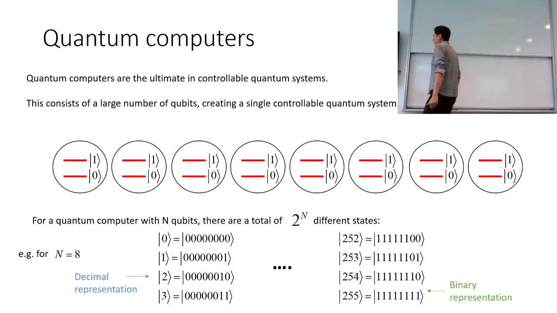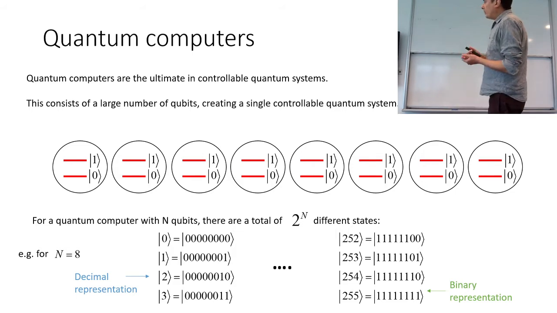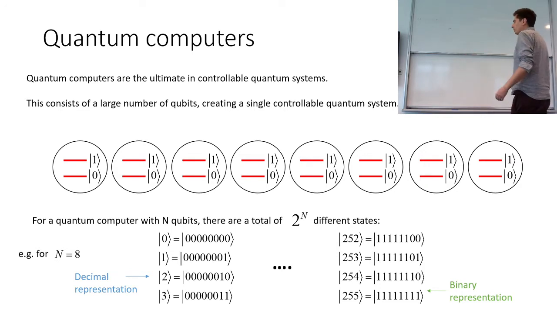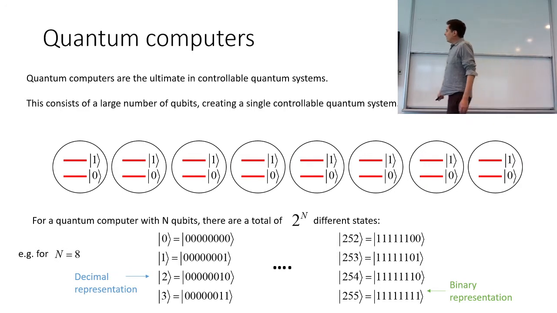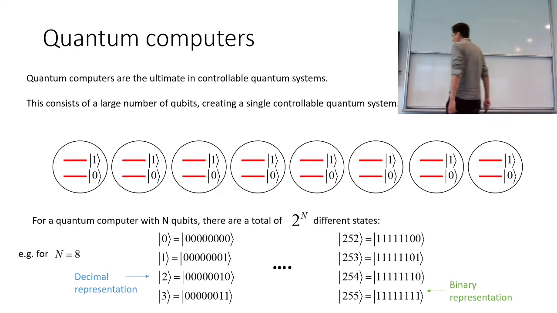So now let's get on to a little bit more of the actual nitty-gritty. A quantum computer is, as I said, the ultimate in controllable quantum system. And just like we learned before with composite systems, if you bring together a bunch of qubits, then the system can form one quantum system, right?